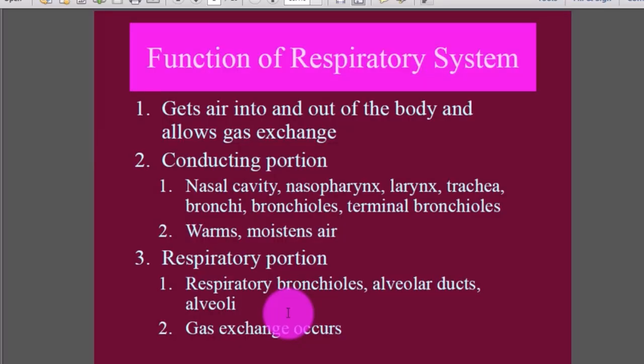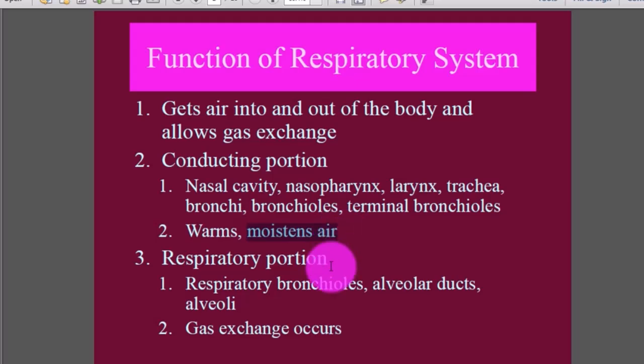Function of the respiratory system: get air into and out of the body and allow gas exchange. Conducting portion: nasal cavity, nasopharynx, larynx, trachea, bronchi, bronchioles, terminal bronchioles; warms and moistens the air.